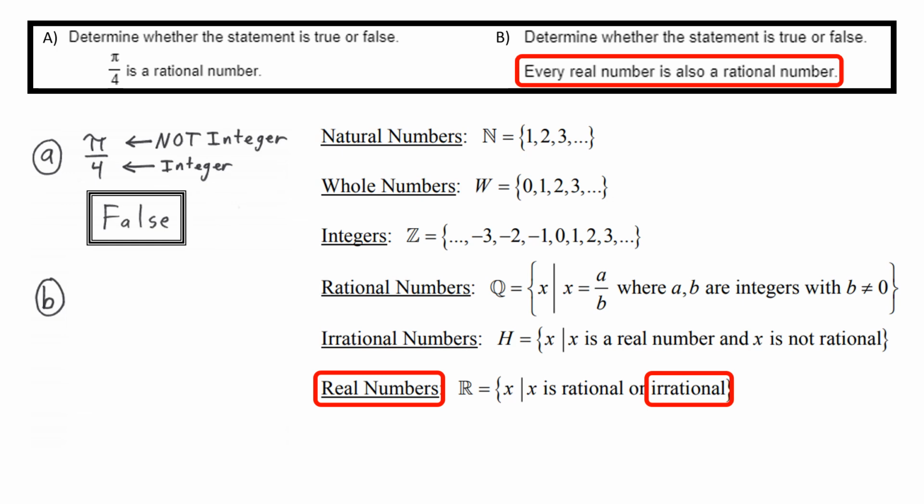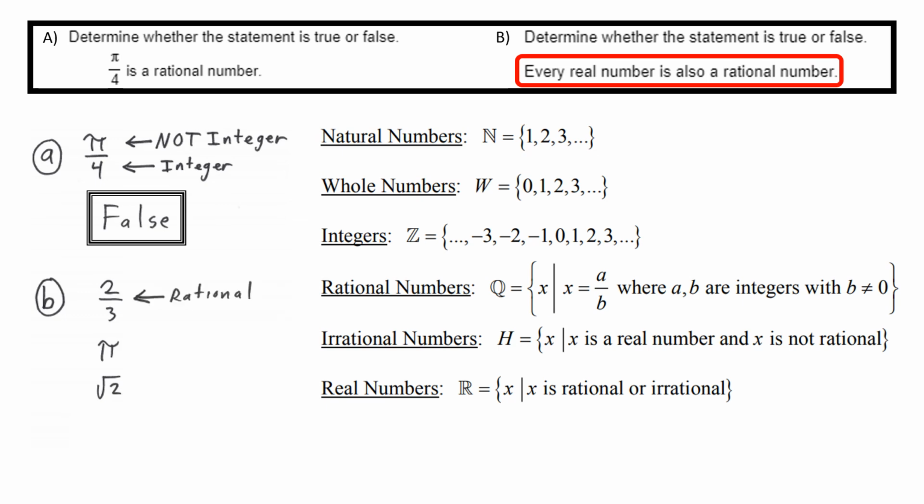Let's take a look at a few particular examples to illustrate this. I've listed some numbers, 2/3, pi, and radical 2, and notice that 2/3 is rational. It's a fraction where the top and the bottom are both integers.